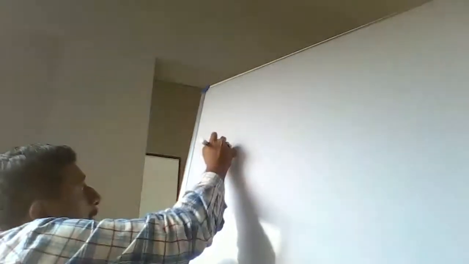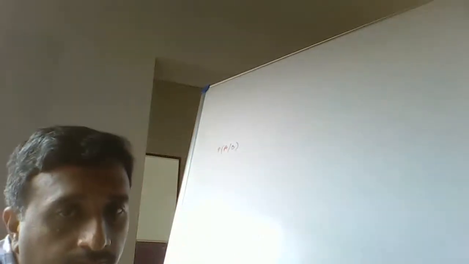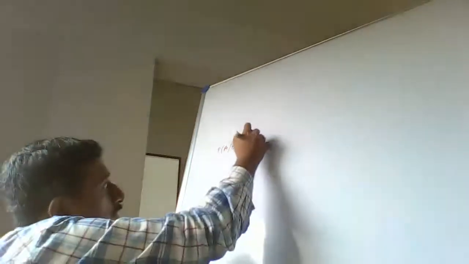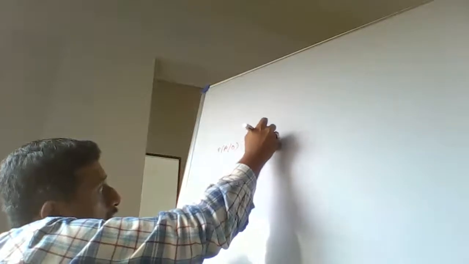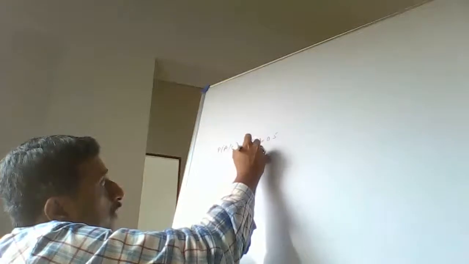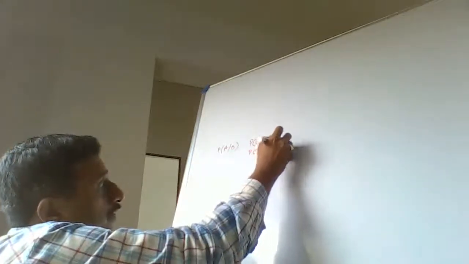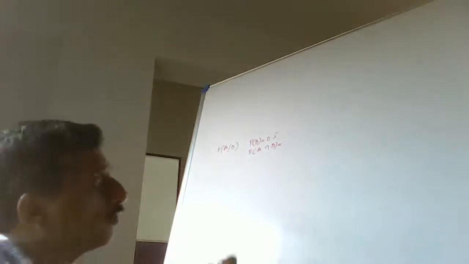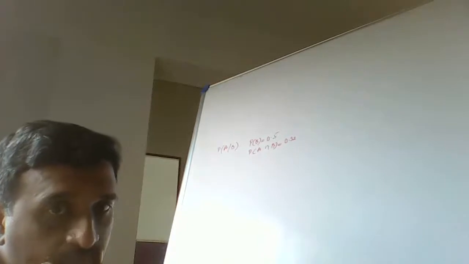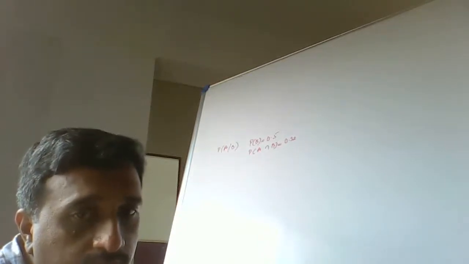Let us compute P of A given B. Okay, given is P of B is 0.5 and P of A intersection B is 0.3. Okay, so let us find this. How do we solve this?